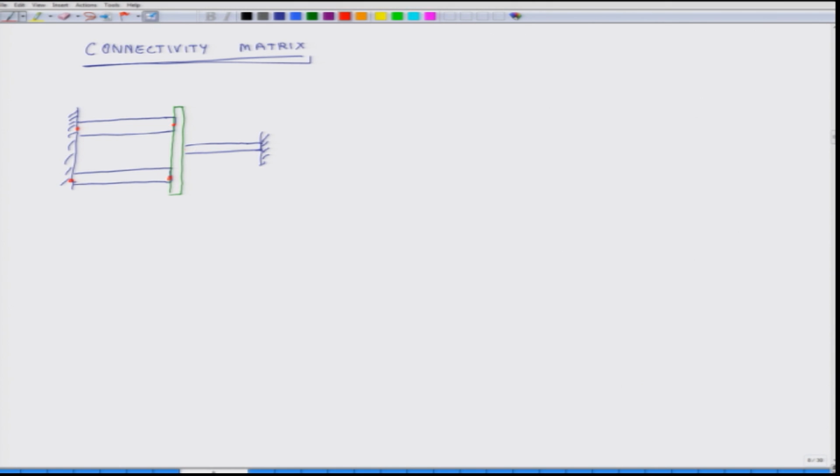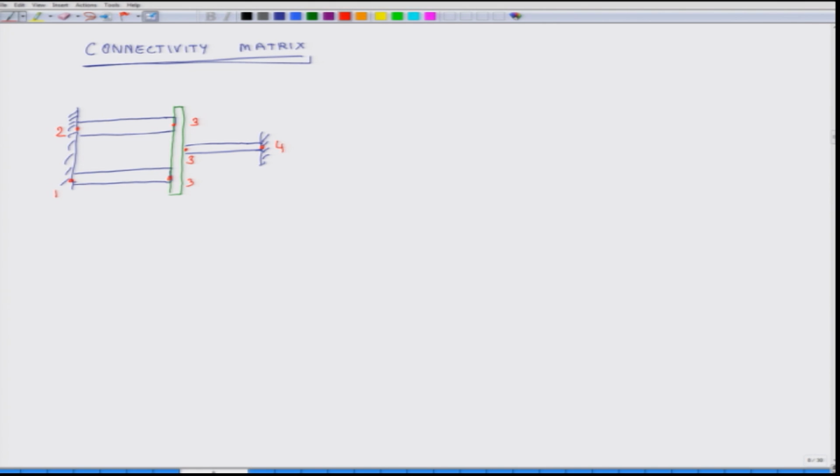Each bar is represented as one element. These numbers in red are the global node numbers.